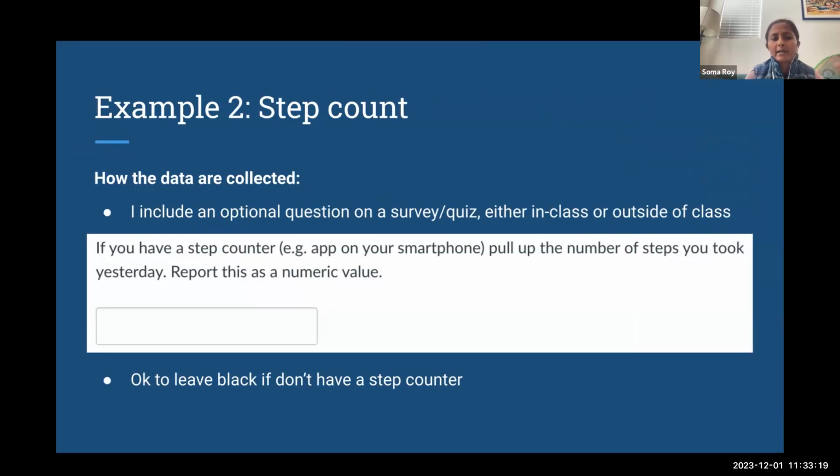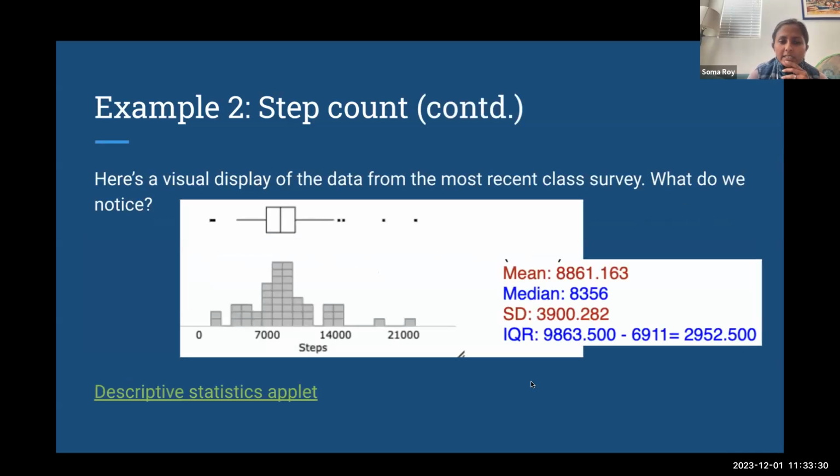So they report that, and sometimes I include that as an optional question on a survey or a pre-class lab or something like that. This is what the data ended up looking like from the most recent time. I had 49 students complete the survey and submit an answer for the steps. And this is a nice example of where they can actually see themselves in the data.